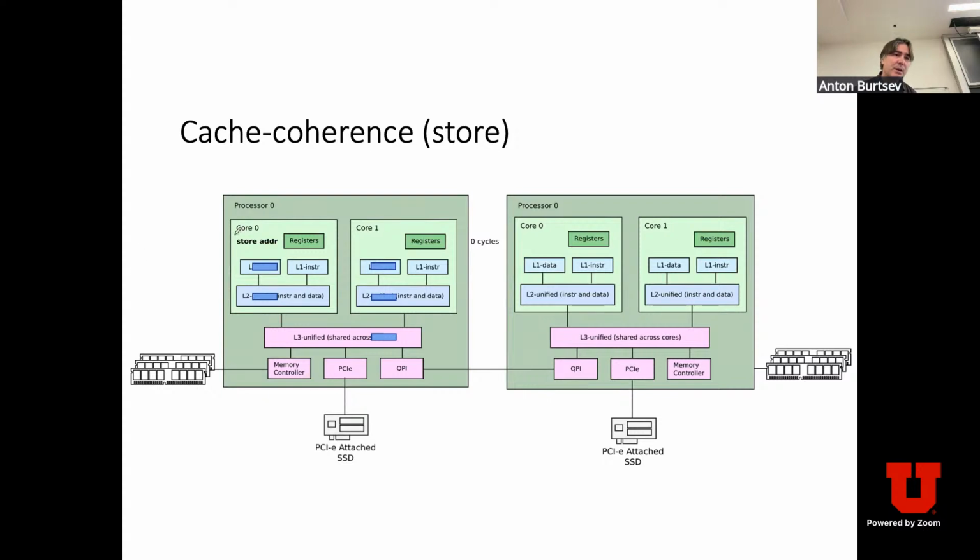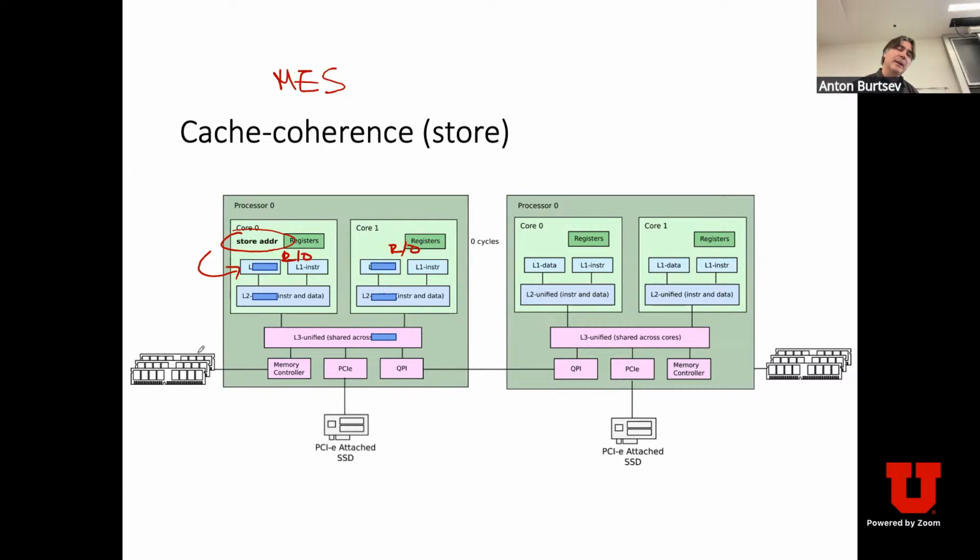Here, if this core tries to store into the same address, and it already has it cached in a read-only state, because this blue line is in a read-only state, the cache says, I have a cache line, but I have it in a read-only or shared state. In these protocols, the states will be modified, exclusive, shared.